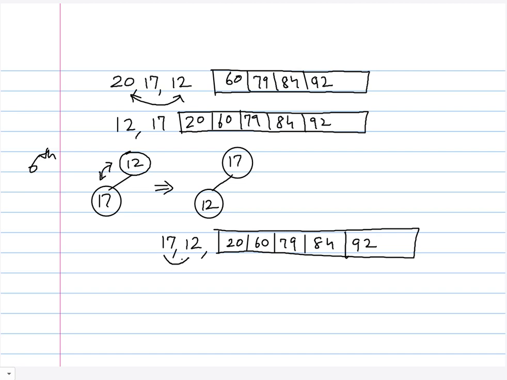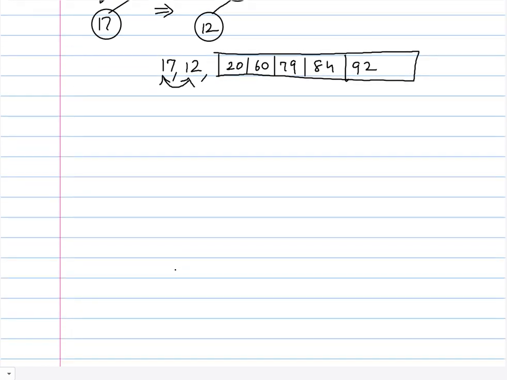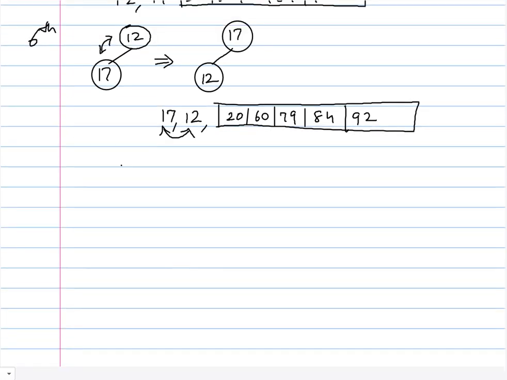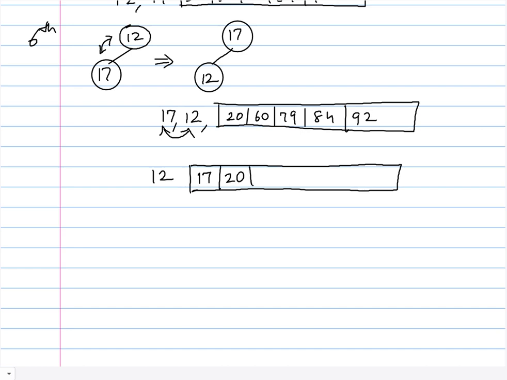Again we'll swap the root with the last element. There are only two elements, so 12 and 17 will be added to your sorted list. So the sorted list now consists of 17, 20, 60, 79, 84 and 92.